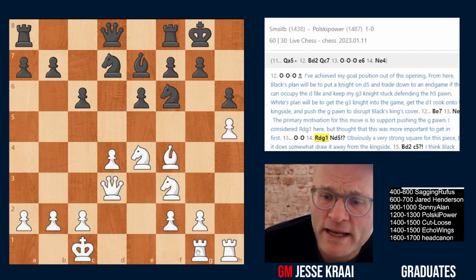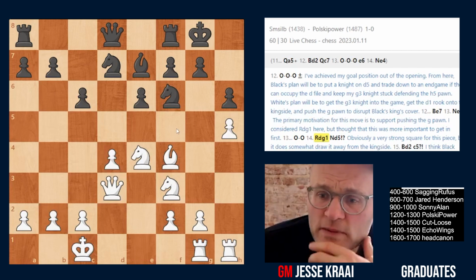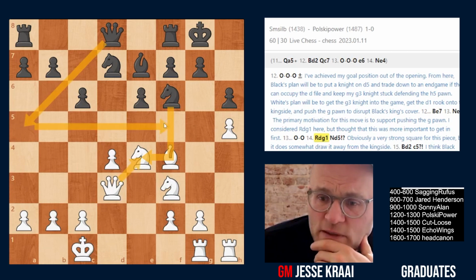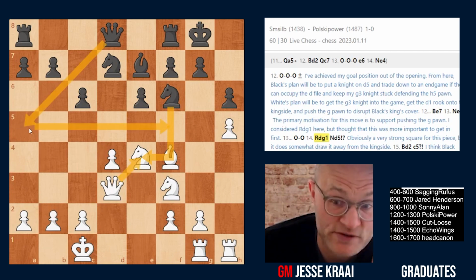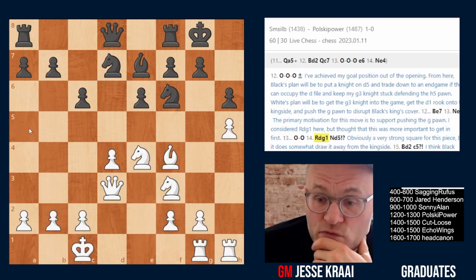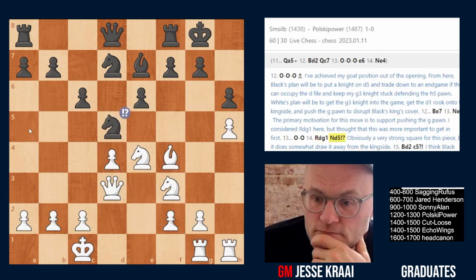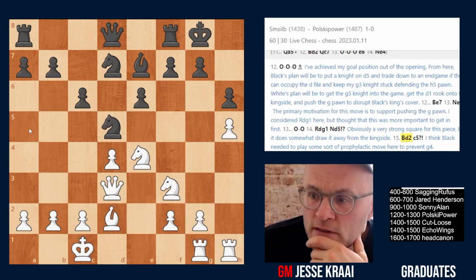Given that white's abandoned the center, another plan would be knight e4, queen a5, and then maybe queen f5 next, to negate, if we get the exchange of queens, all this g4, g5 stuff. Okay. Bishop d2, good. c5.